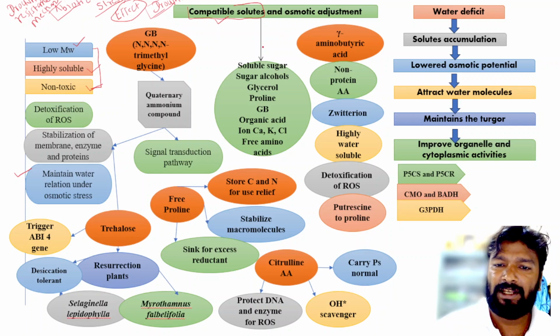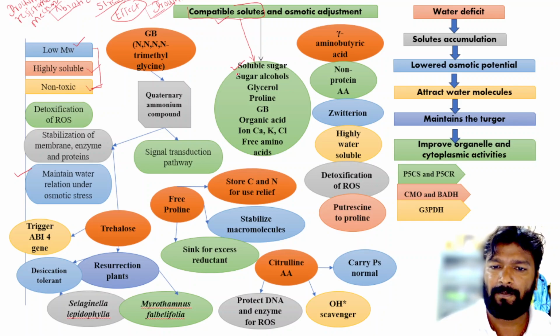There are different types of compatible solutes, which we also discussed in the last class: soluble sugars, sugar alcohols, glycerols, proline, glycine betaine, some organic acids, some ions like calcium, potassium, chloride, and free amino acids.